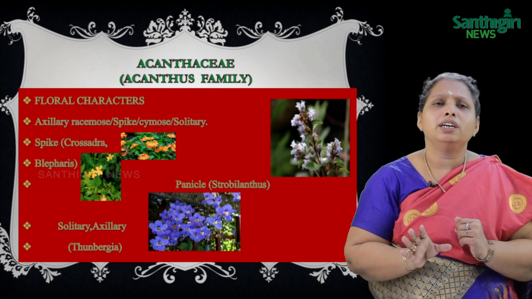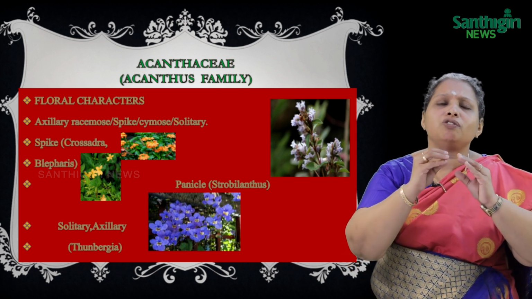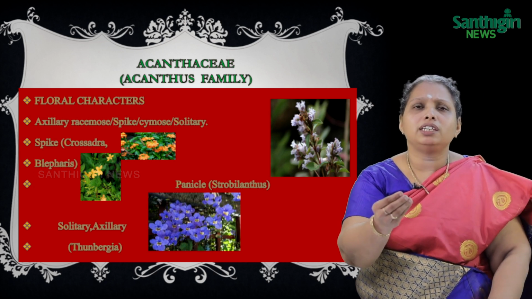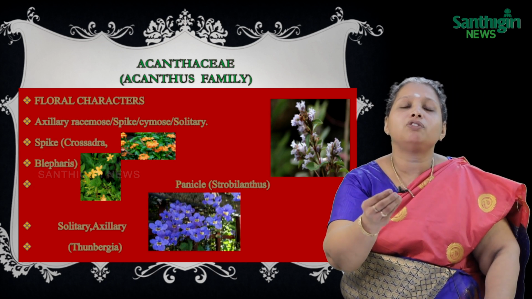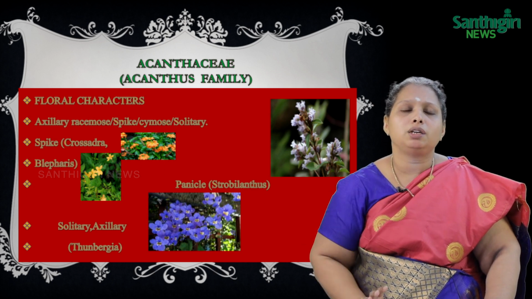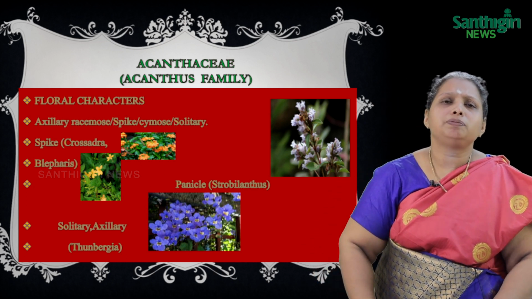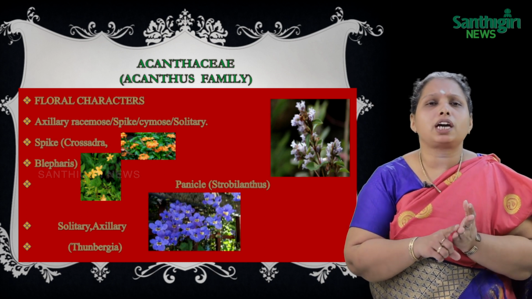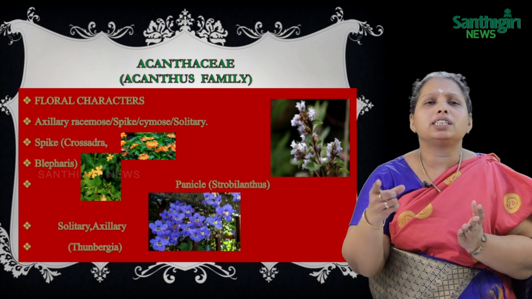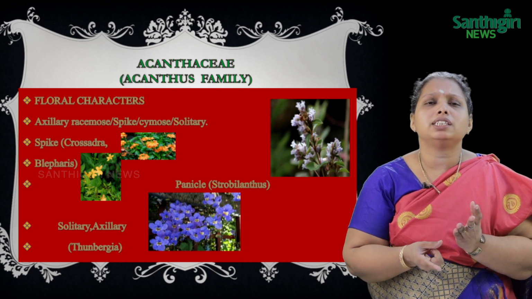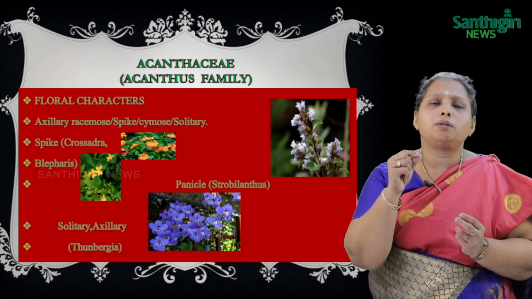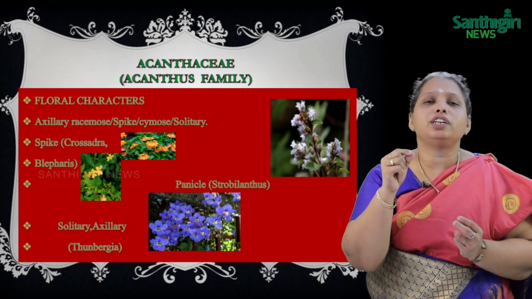There is a variation in the types of inflorescence in different species of Acanthaceae plants. First is racemose or cymose. Commonly seen inflorescence in Acanthaceae is the spike inflorescence. A well-known example is Crossandra infundibuliformis.